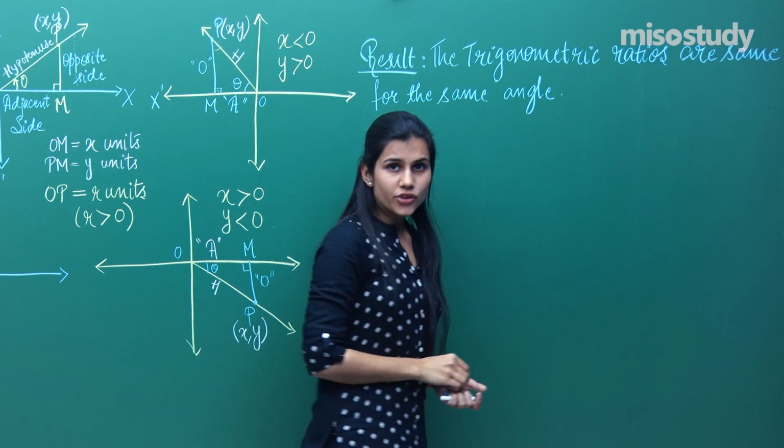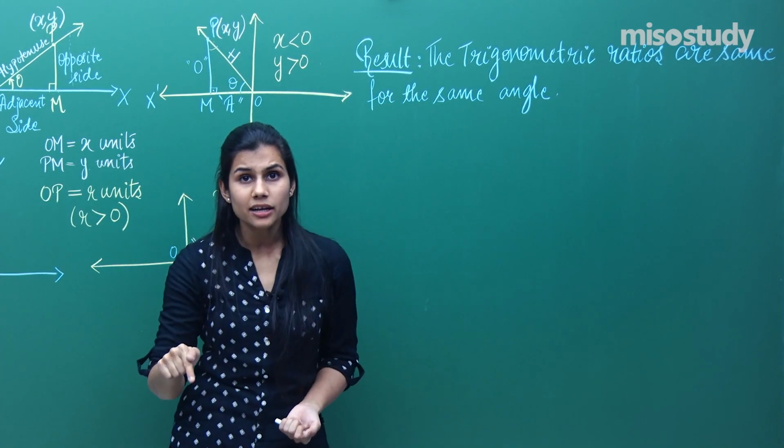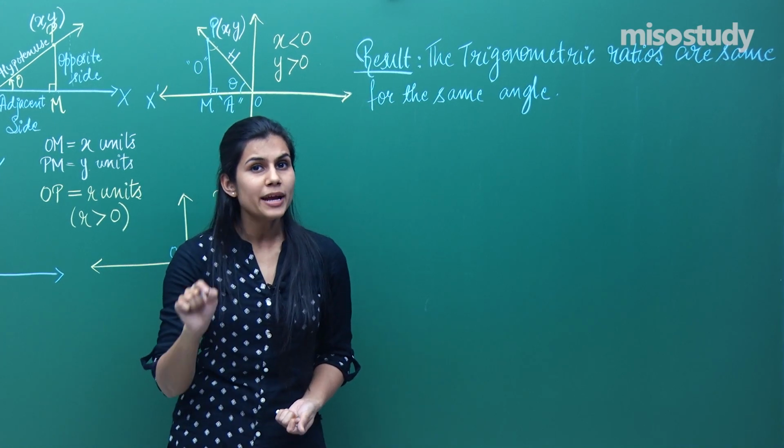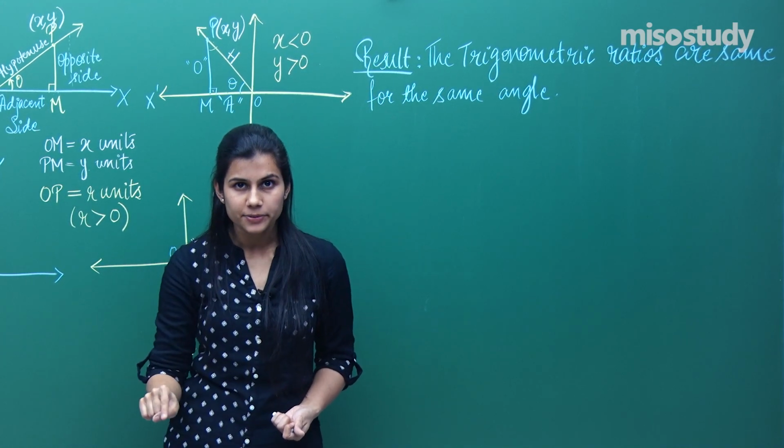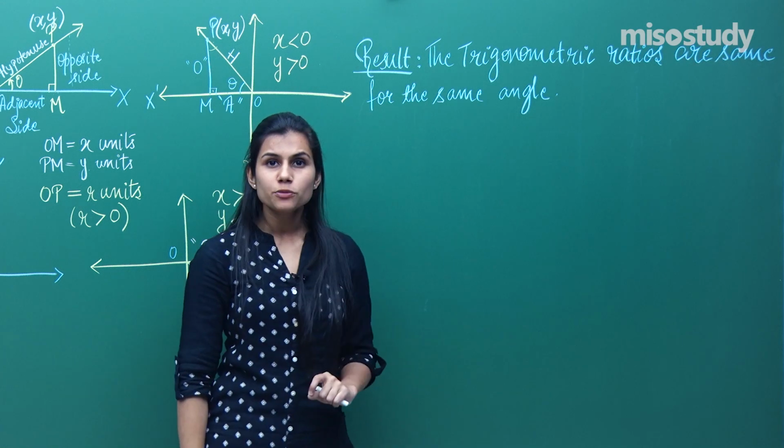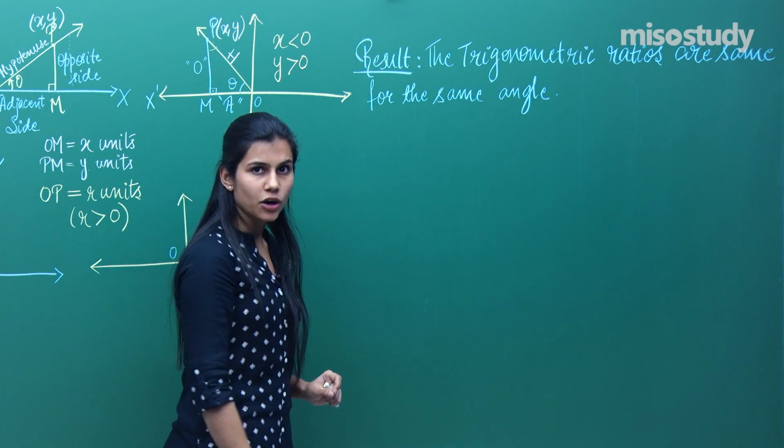This statement is trying to say that it is the angle over which the trigonometric ratios are dependent. This is going to be proved to you just right now.